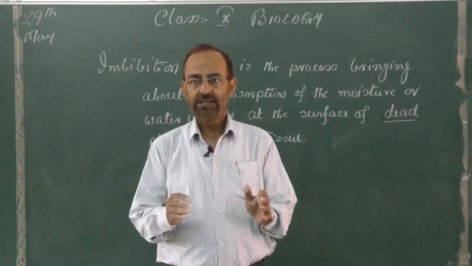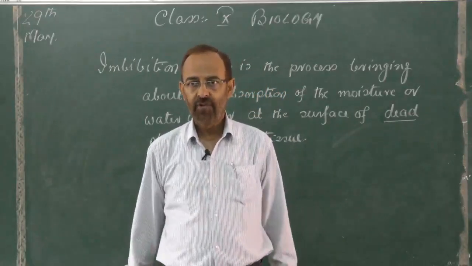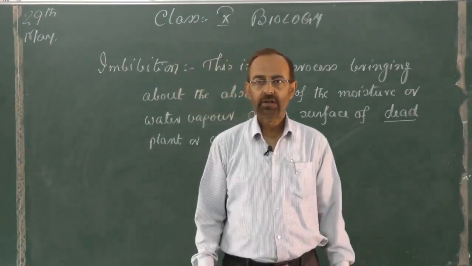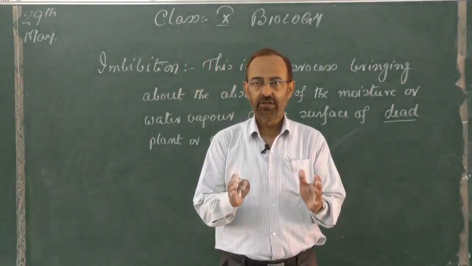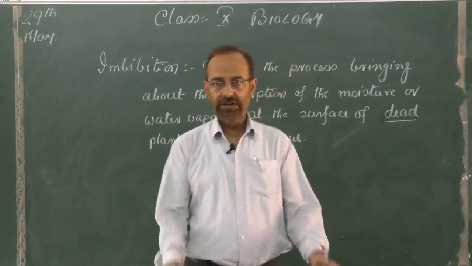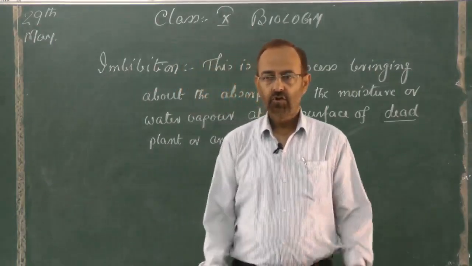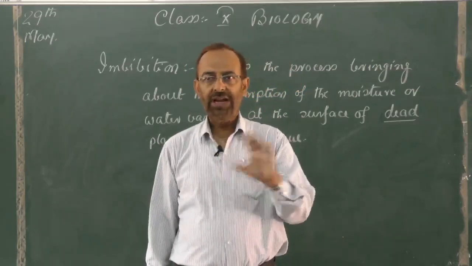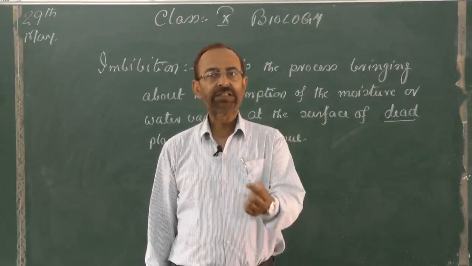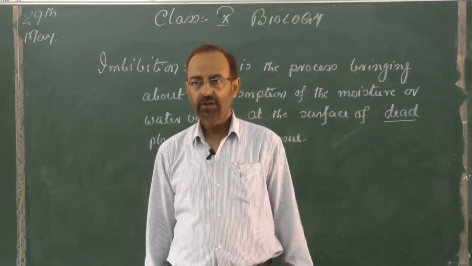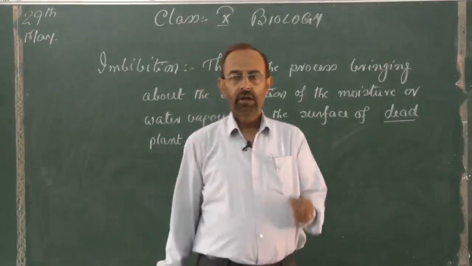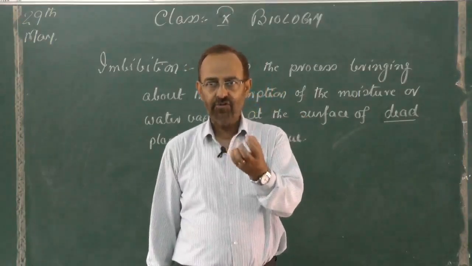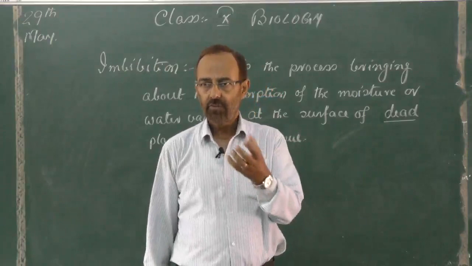The seeds are known as the dormant stage in the life cycle of the plant body. What is dormancy? The temporary resting phase in the life cycle of a living organism is known as dormancy. So the living embryo does not show any activity of life, because it is in a sleeping, resting state. Okay, the embryo becomes active only after it absorbs a sufficient amount of moisture.